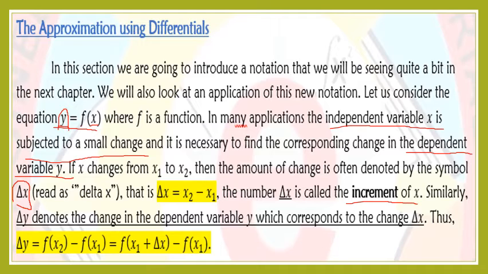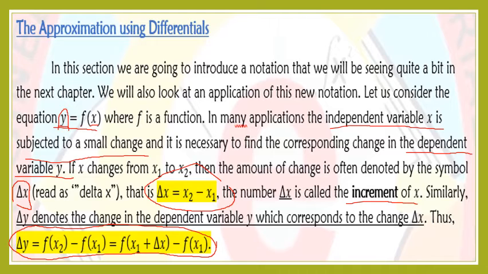Similarly, delta y denotes the change in the dependent variable y, which corresponds to the change delta x. So thus, delta y is f of x sub 2 minus f of x sub 1, which is equal to f of x sub 1 plus delta x minus f of x sub 1. So, ito yung tatandaan natin na formulas dito. Si delta y at saka si delta x. Madali lang yung kay delta x kasi x sub 2 minus x sub 1.